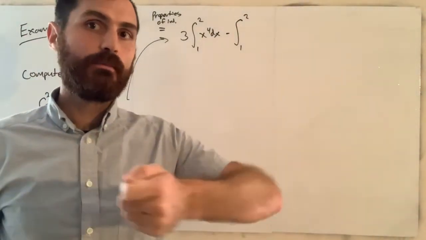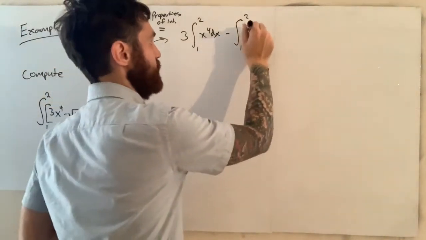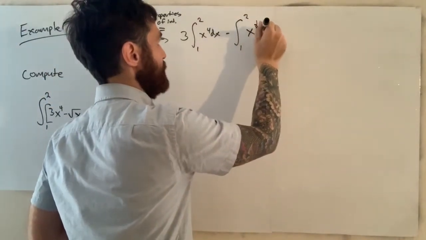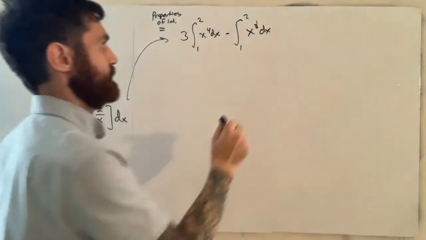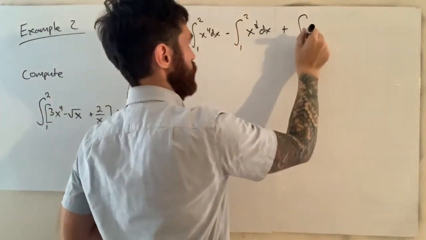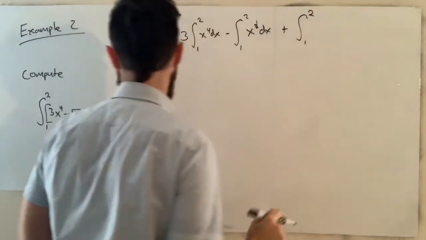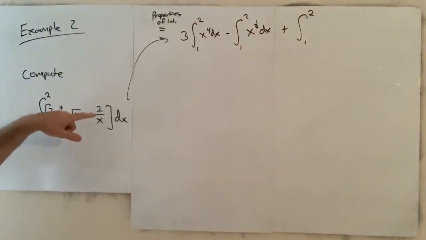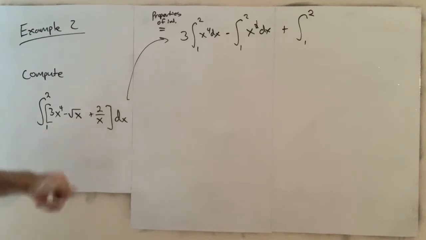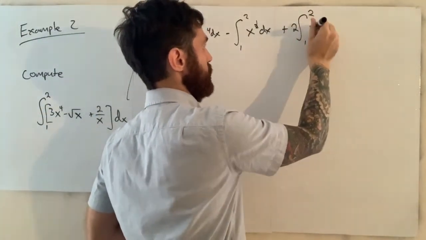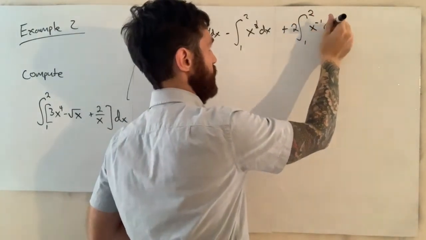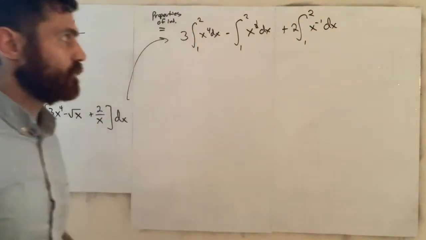But what I'm going to do is rewrite that square root of x as x to the 1/2 dx. And then I'm going to get plus the integral from 1 to 2 of, well, I have a 2 over x, and I can pull out the 2 and rewrite the x as x to the -1 dx.